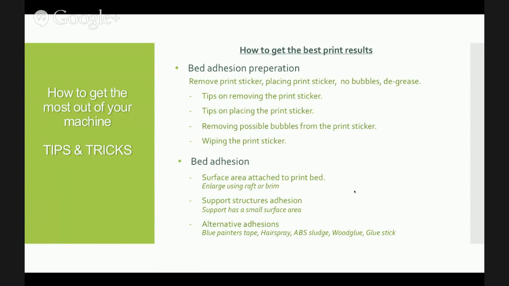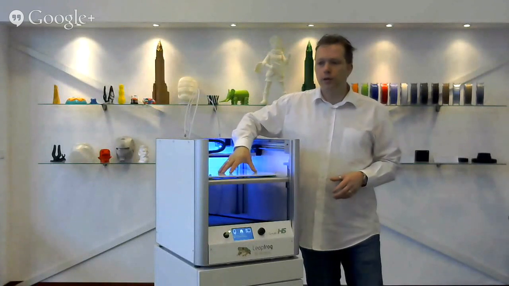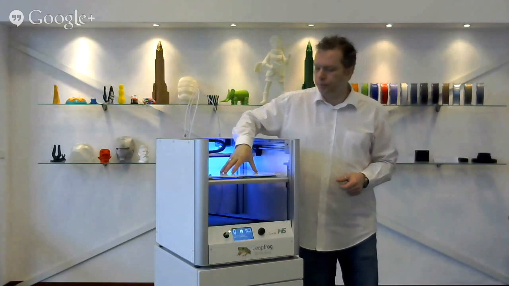After that, you want to clean the residue of print sticker. The best way you can remove the residue of glue that is still stuck to your bed is heat up the bed to around 40 degrees Celsius.